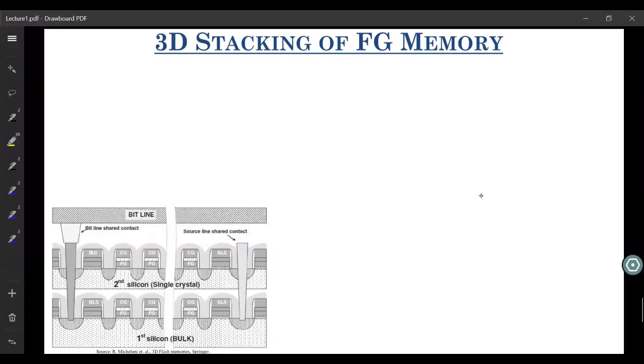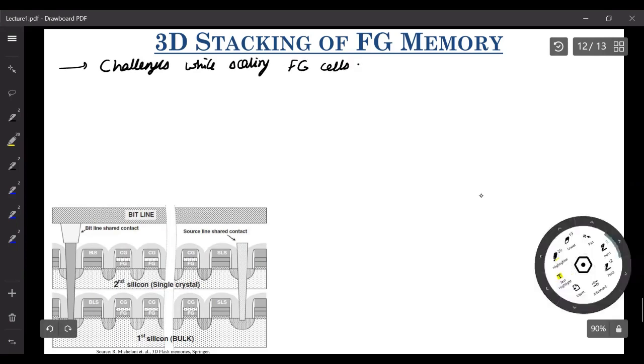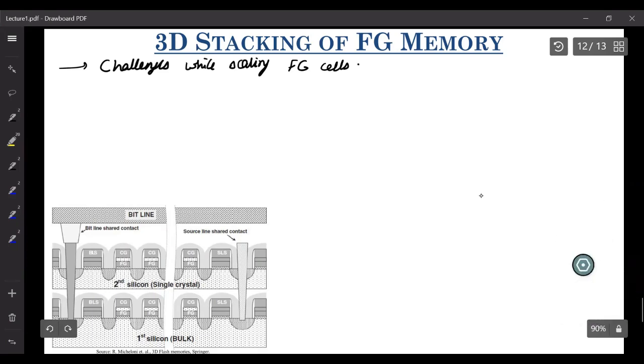First, let me discuss the different challenges while scaling your floating gate cells. The most important challenges are, first, fabrication complexity.